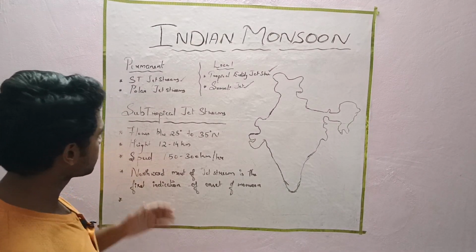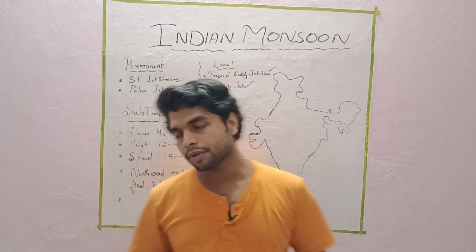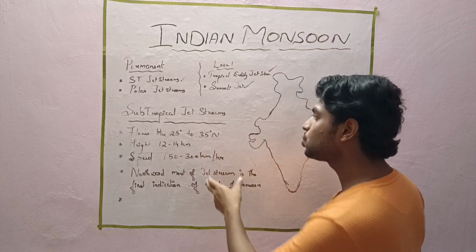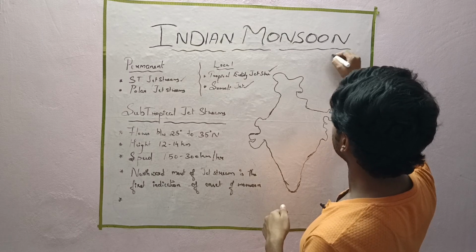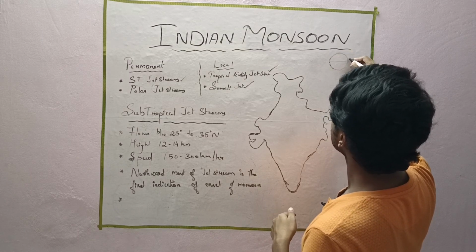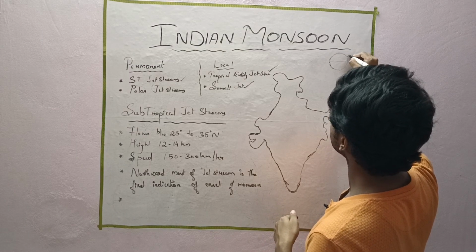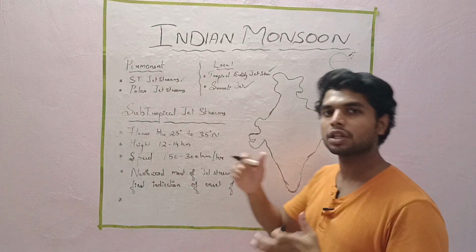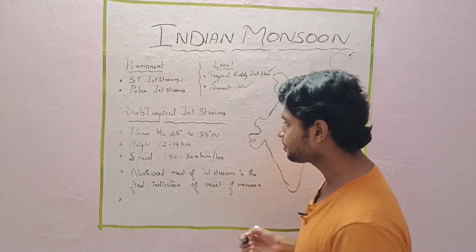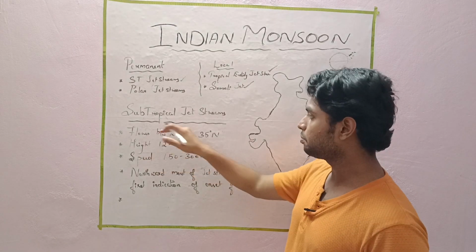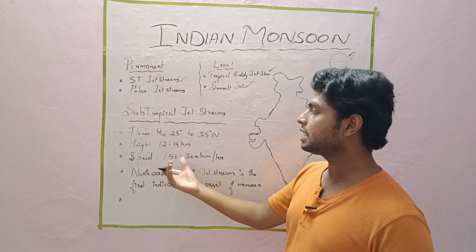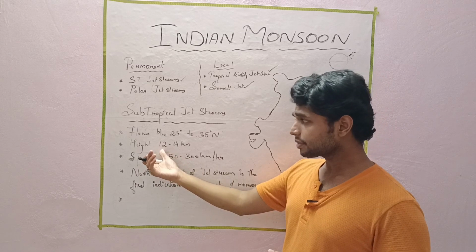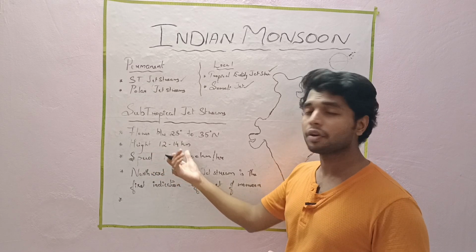So here, subtropical jet streams flow between 25 degrees to 35 degrees north. When we look at the equator, we can see that from 25 degrees to 30 degrees, which means around the Tropic of Cancer, they will flow between 25 degrees to 35 degrees north, and their height ranges from 12 to 14 kilometers.